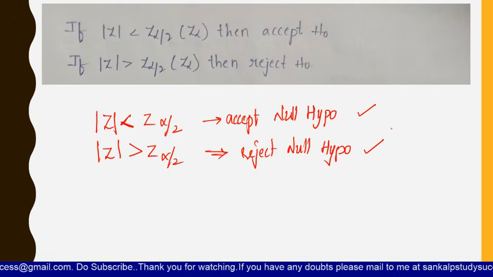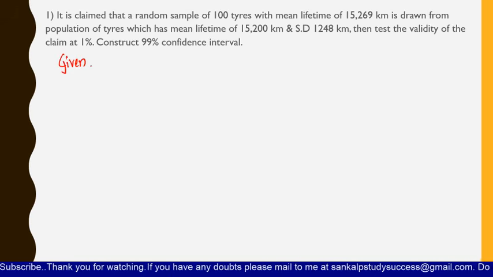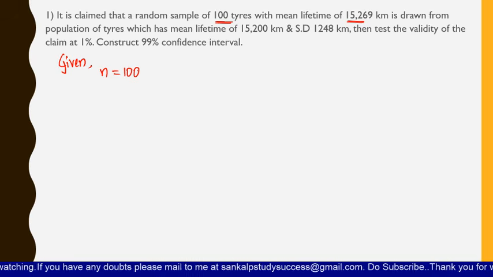Now let us see the problems here. It is claimed that a random sample of 100 tires, that means let us write the given data, with mean lifetime of 15 to 69 kilometers. That means n is equal to 100 tires, because it is the sample size.